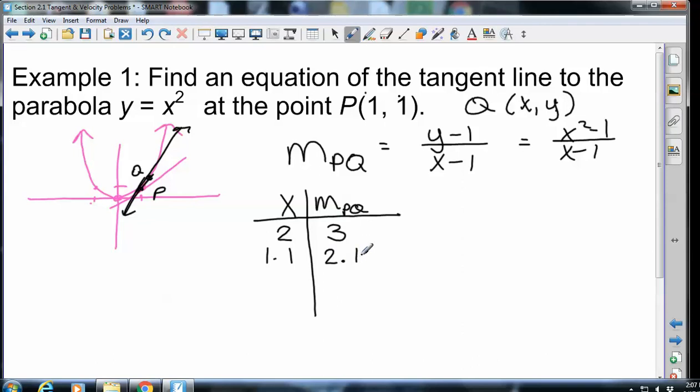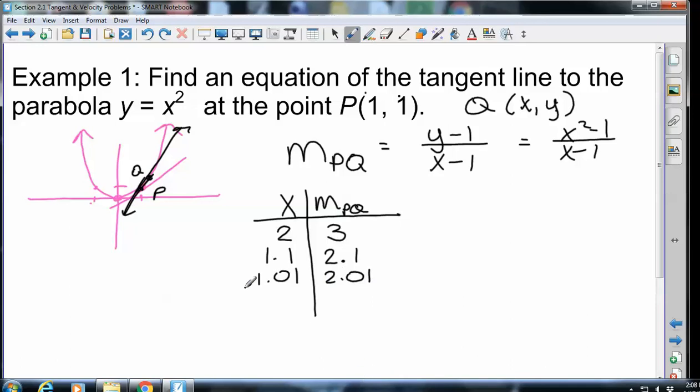2.1? Is that the closest you could get? No, what if I did 1.01? Would that be better? Okay, let's try that one. So if I changed it to 1.01, then what do you get? 2.01.